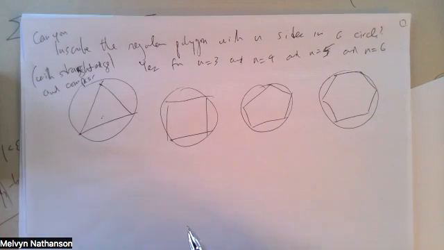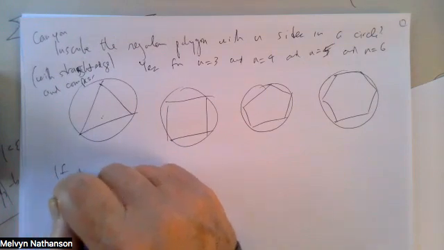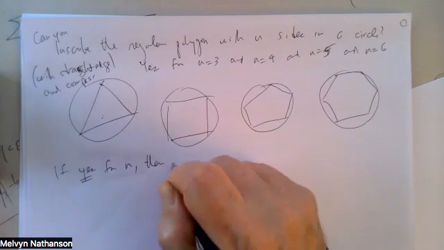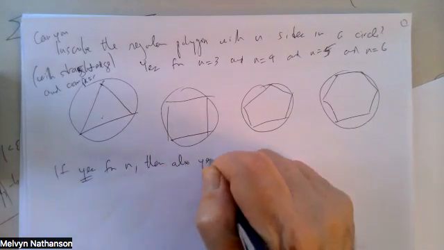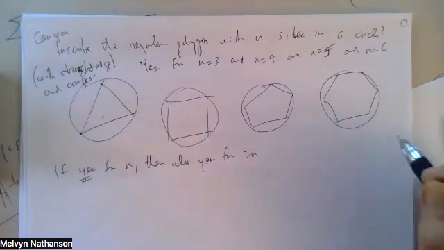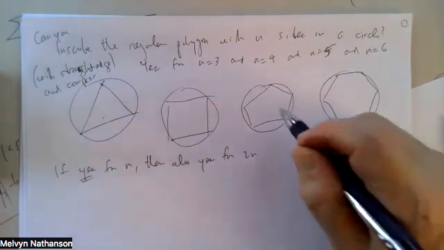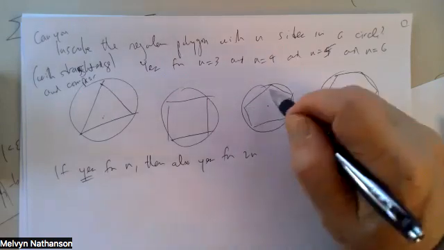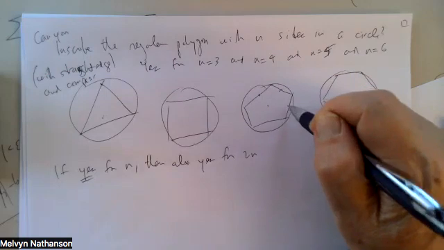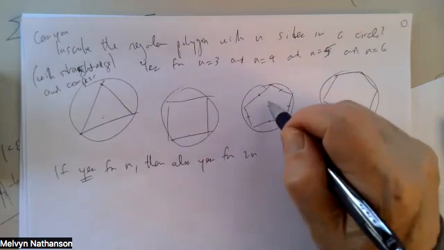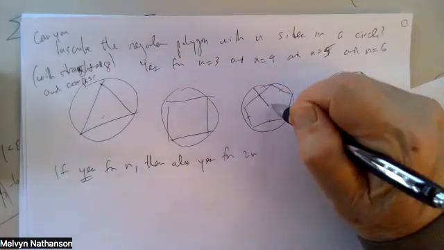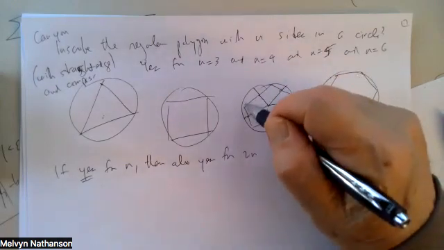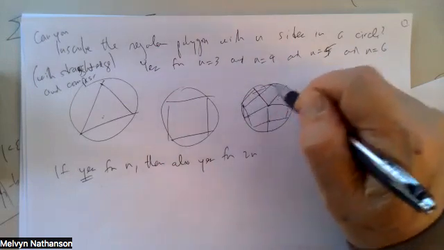Now you can also do the following. If the answer is yes for some number n, then the answer is also yes for 2n, because whenever you have a figure inscribed in a circle, you can bisect each of the sides, draw the line from the center through the side bisector, and then you connect these lines.